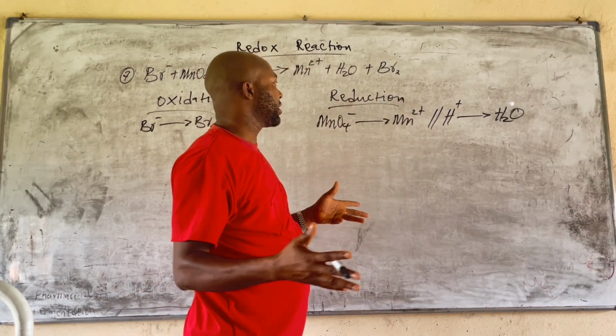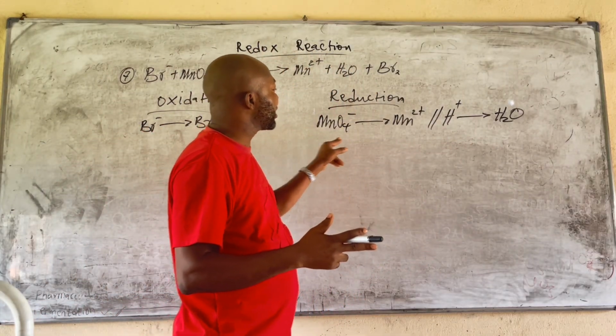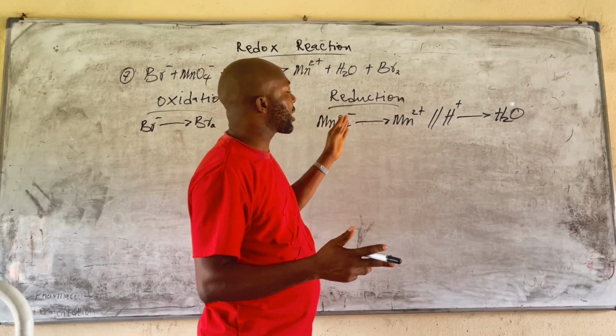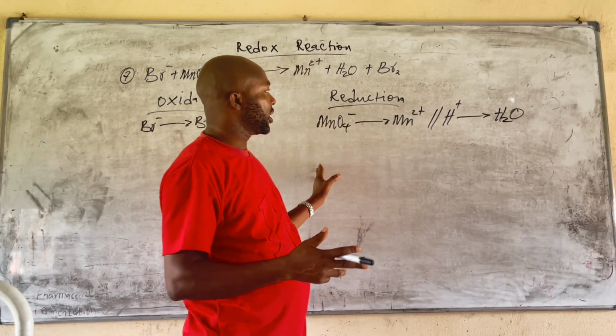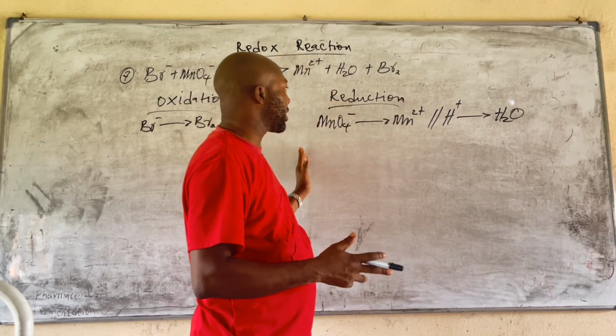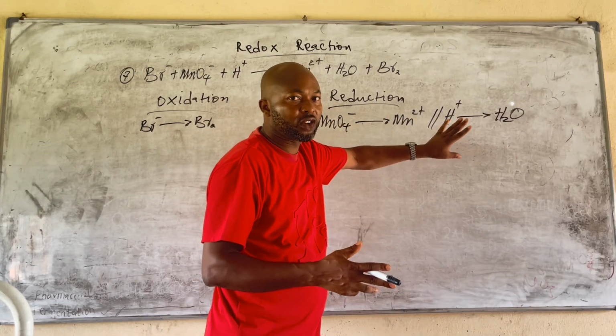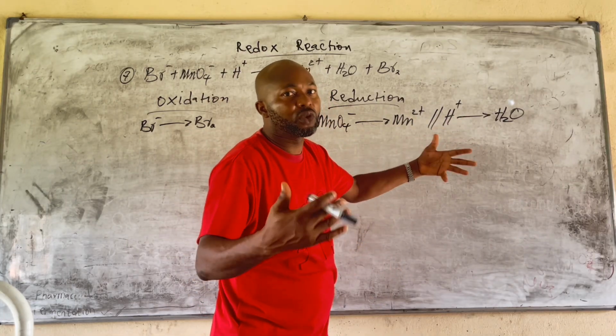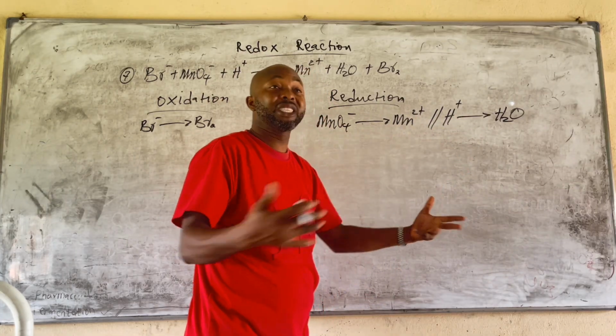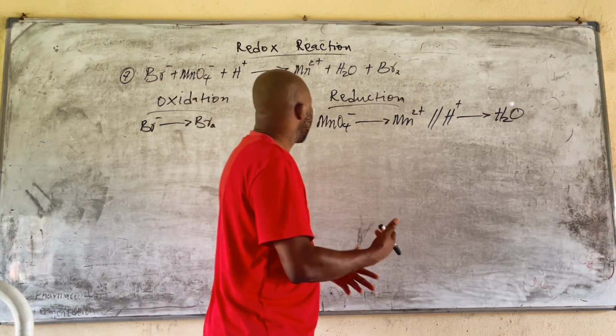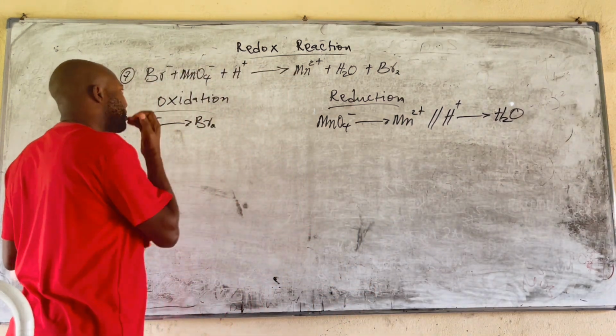Now, the beauty is that in my course of balancing this, remember I'm going to add water and hydrogen. Water this side, hydrogen this side. So I do not need to touch this or do anything with it. I will naturally have to infuse them in the equation as I proceed.